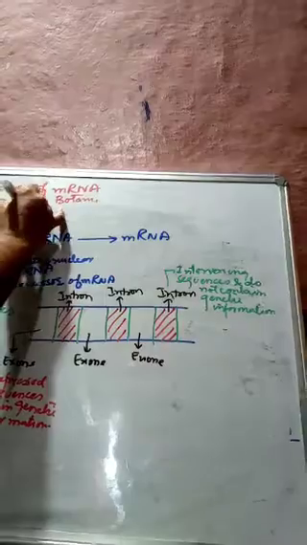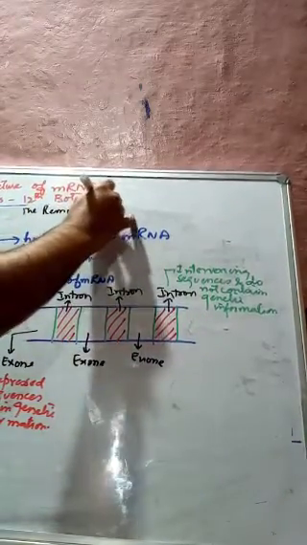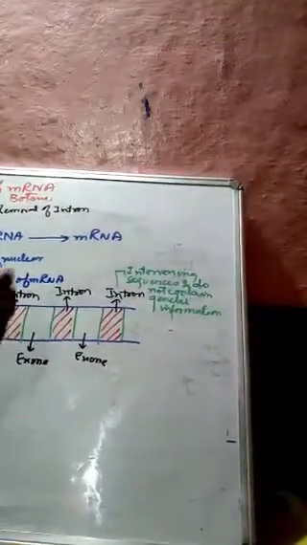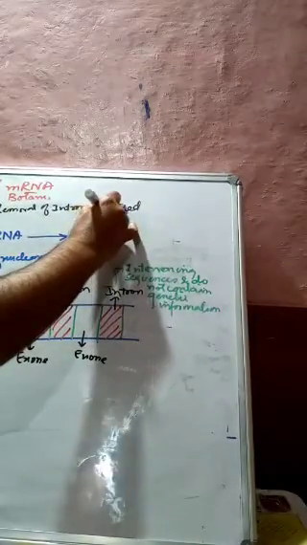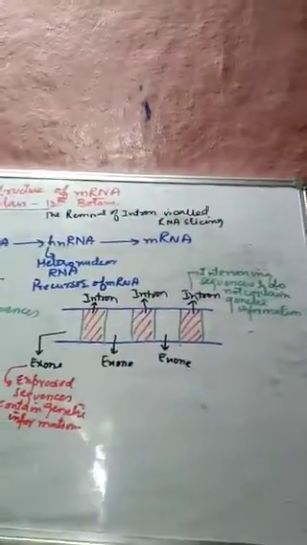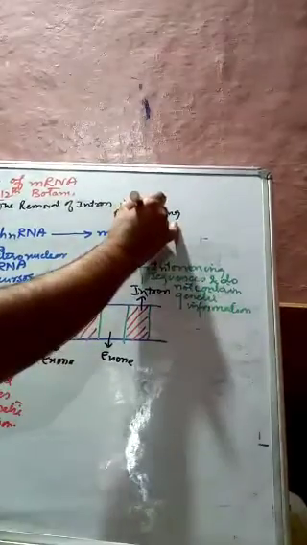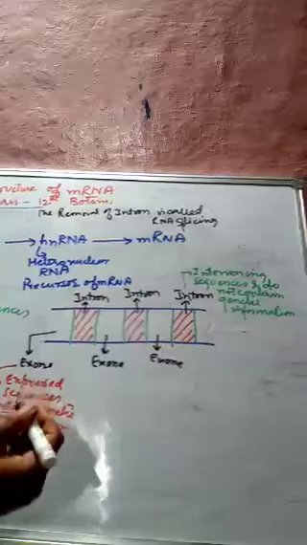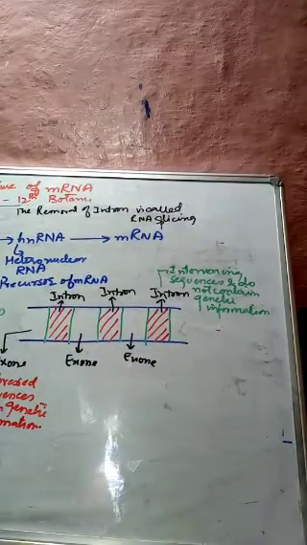The removal of introns is called RNA splicing. And the sequence that results, what will it look like? See how the sequence becomes.